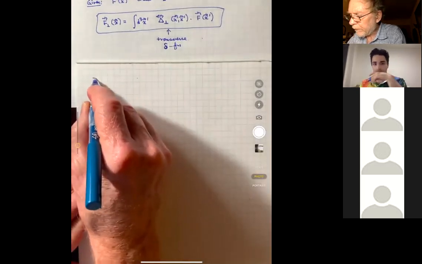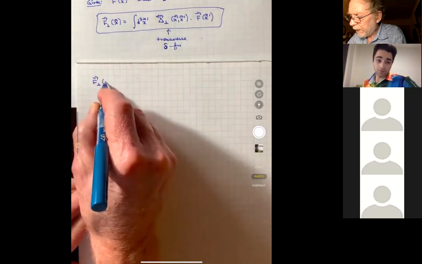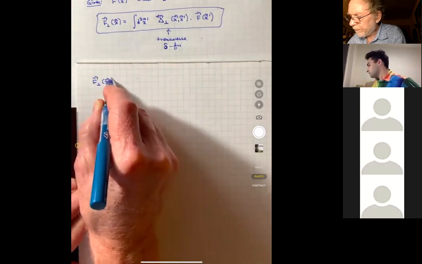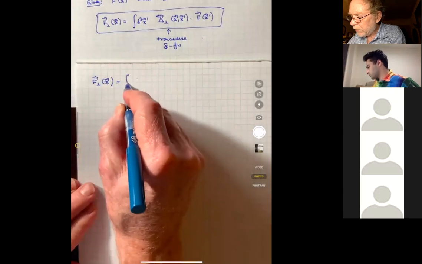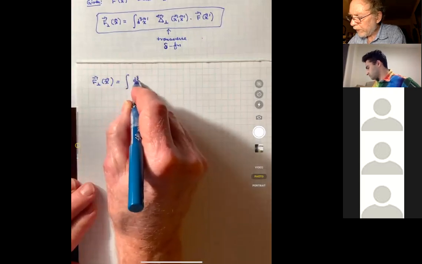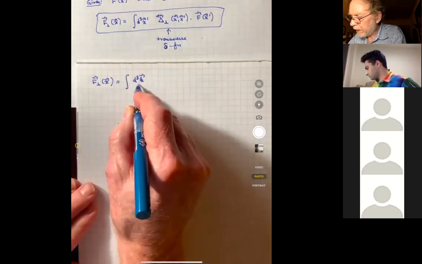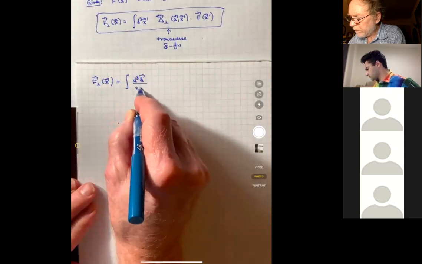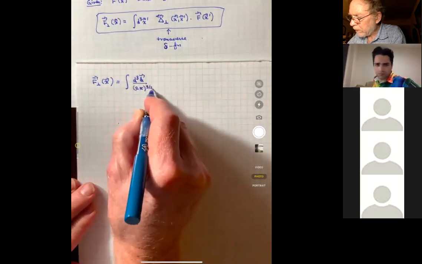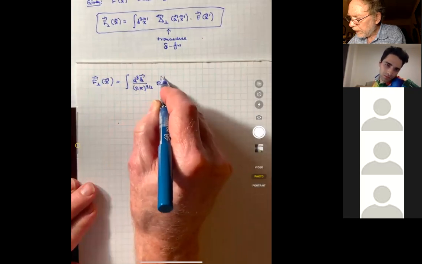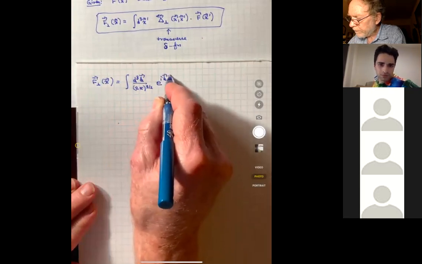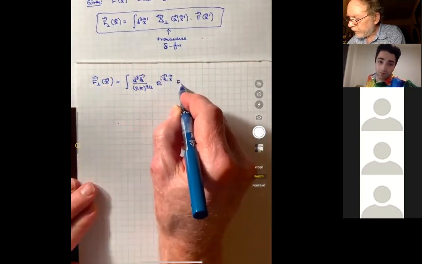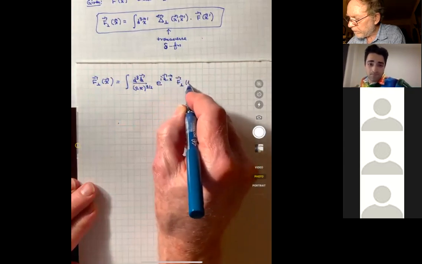Let's take f transverse of x. This is equal to, by our definition, the Fourier transform of the same thing in k space. So I'll write that out, e to the i k dot x times f transverse in k space.